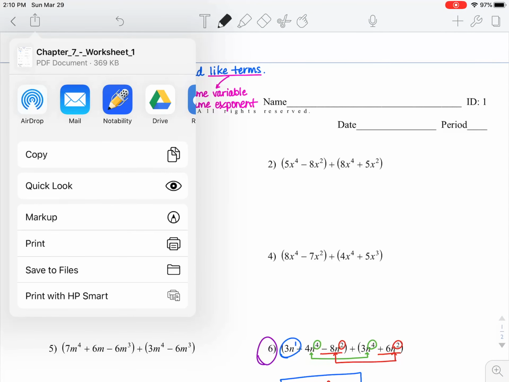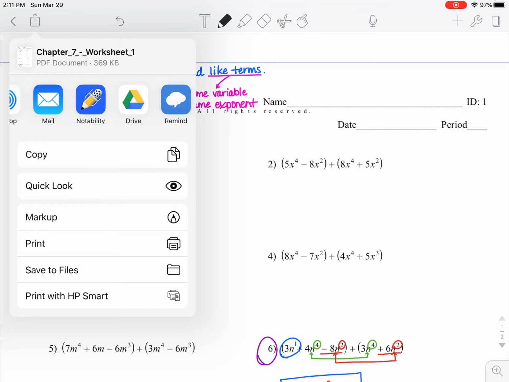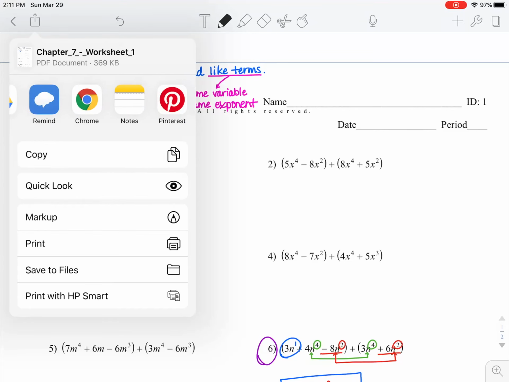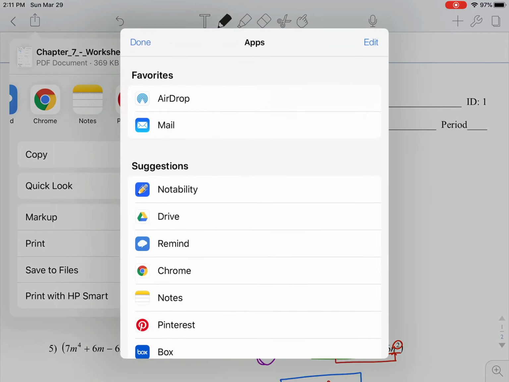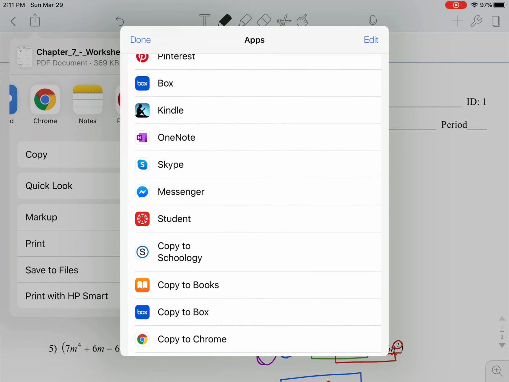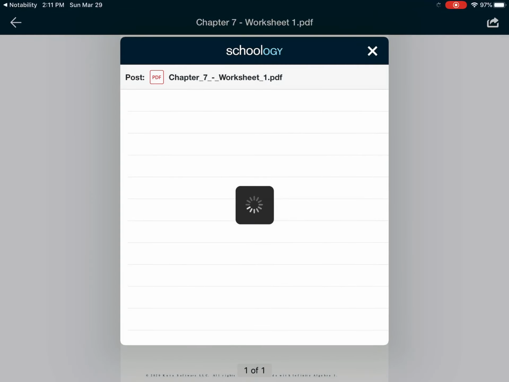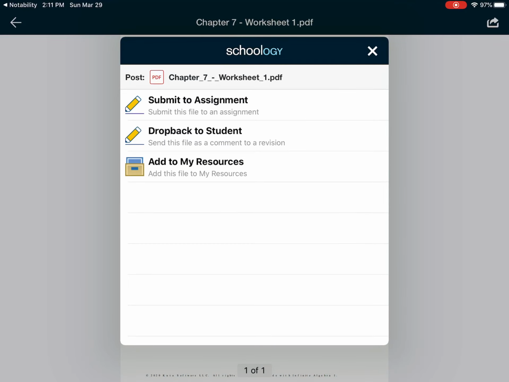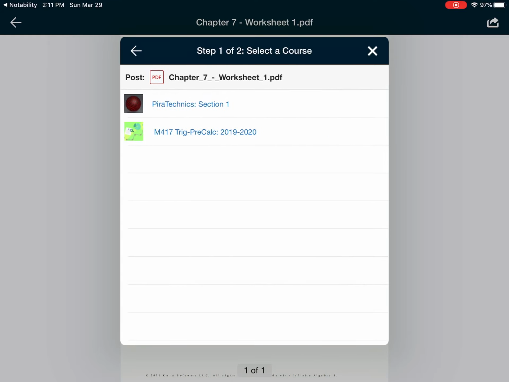Then we're going to look for our Schoology. You can scroll across these, and you're probably not going to see Schoology as a choice. If you don't see it, click the 3 dots for more. Then if you scroll down, you're going to see Copy to Schoology. You're going to see where it says Submit to Assignment, so click that.